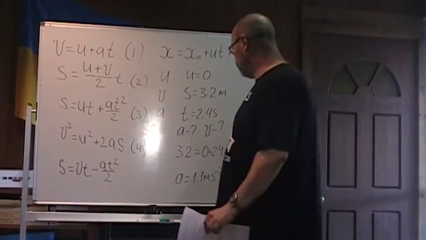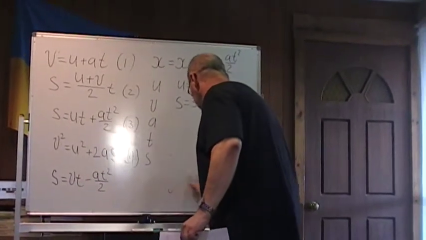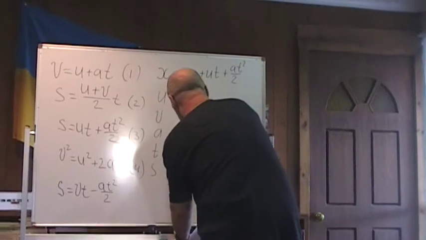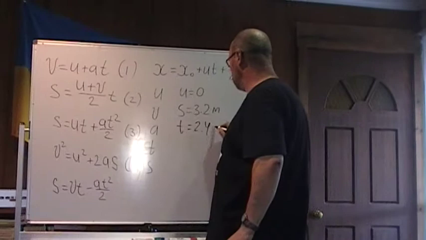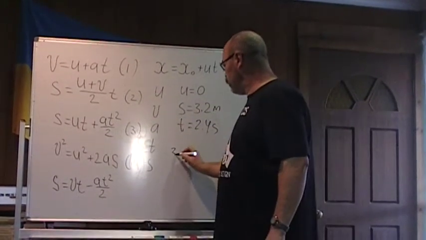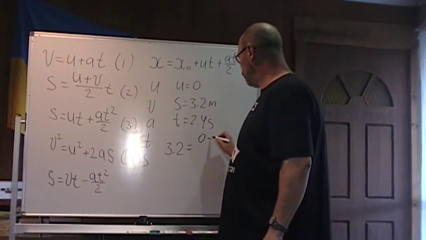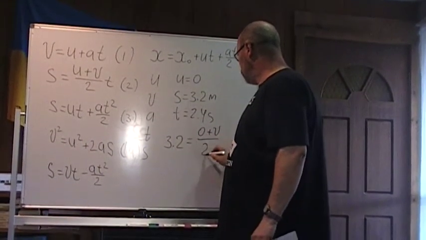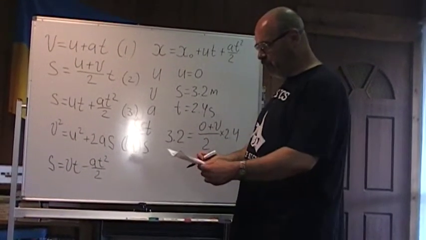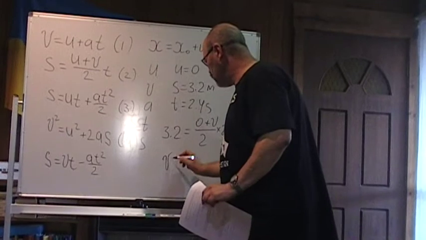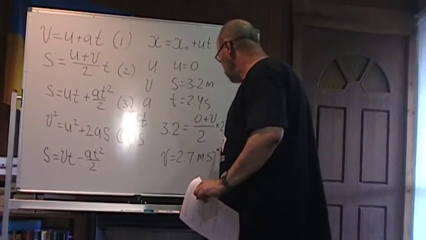So let's apply that formula. t equals 2.4 seconds. So we have 3.2 meters equals 0 plus v, divided by 2, times 2.4. Solving it for v gives us 2.7 meters per second.